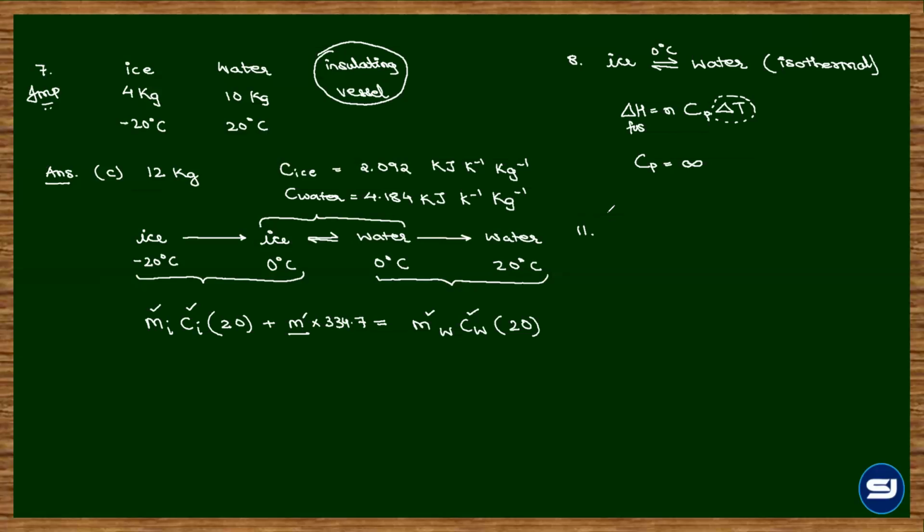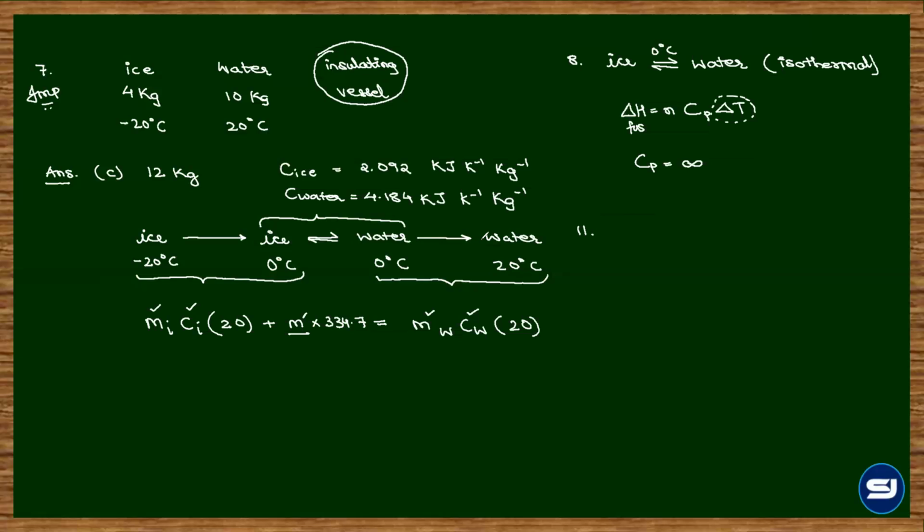For the hypothetical reaction of A2 plus B2 giving twice AB, if delta G naught and delta S naught are respectively given at 200 Kelvin, delta Cp is 20 joule per Kelvin per mole, then delta H naught at 400 Kelvin is, delta H at 400 Kelvin.